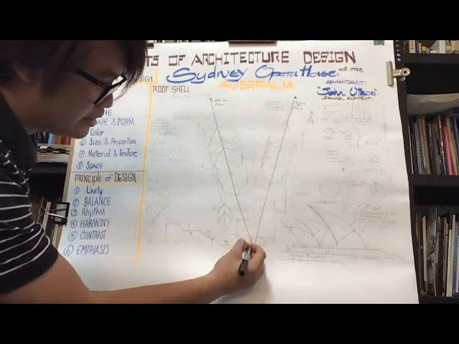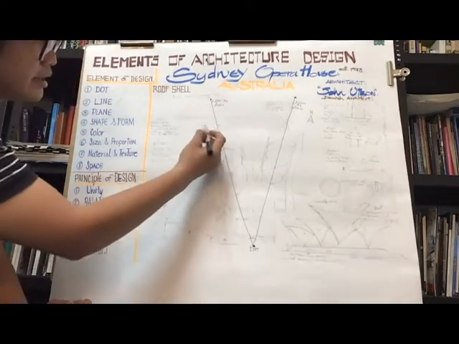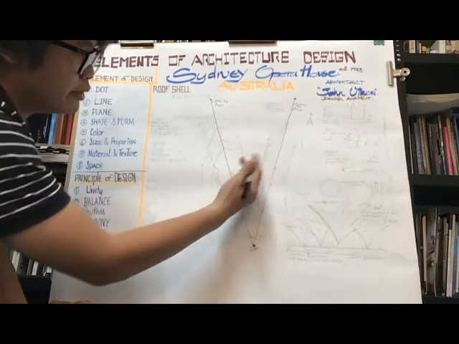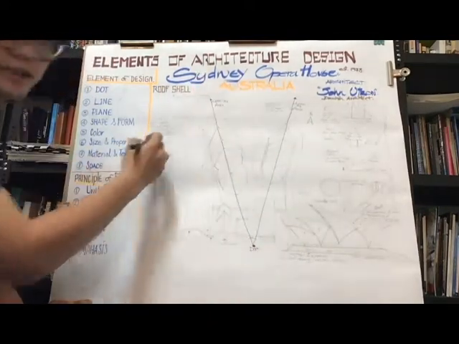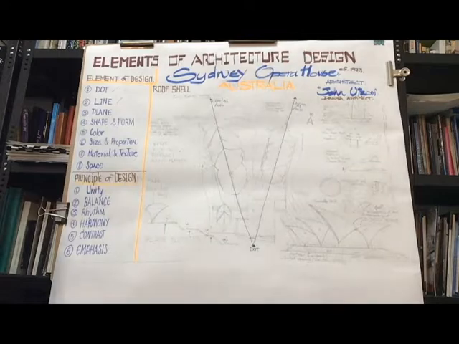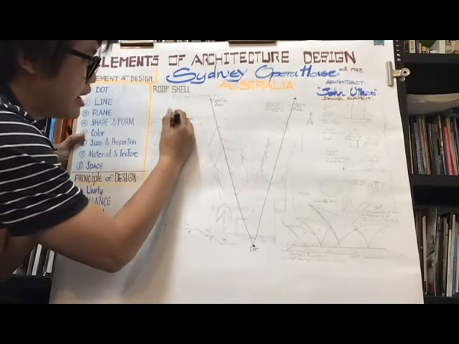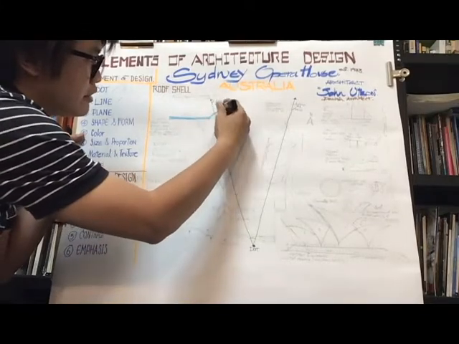The axis makes the angle like this because the direction of the building will take all the view of Sydney harbor there. So you can see that.